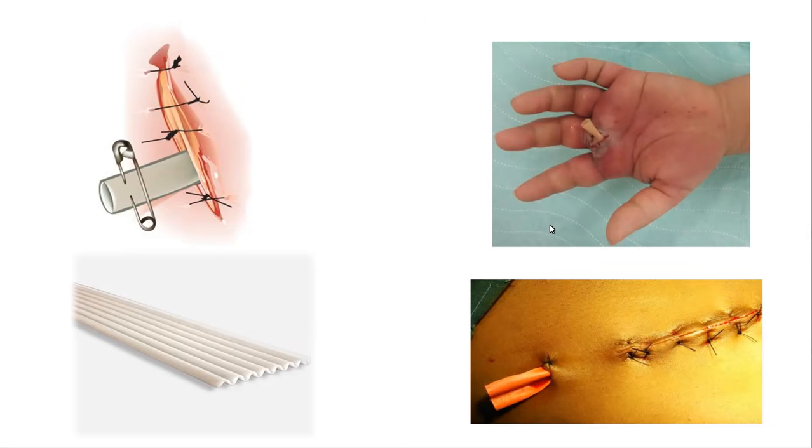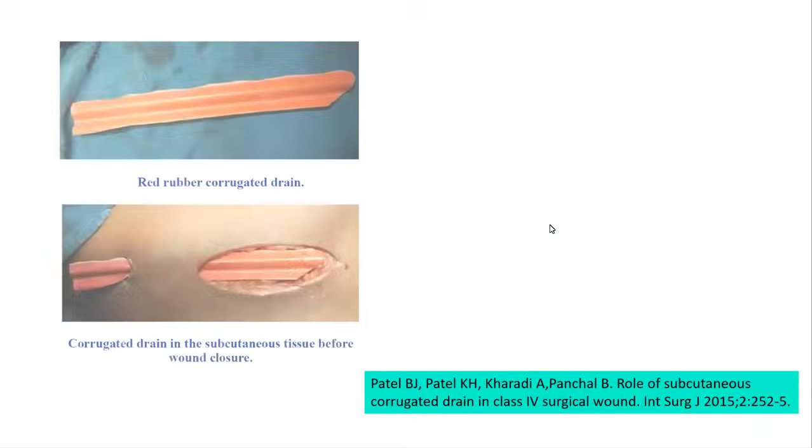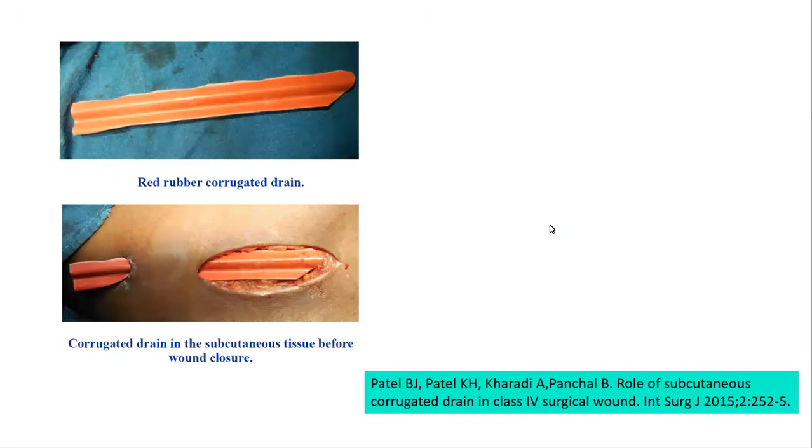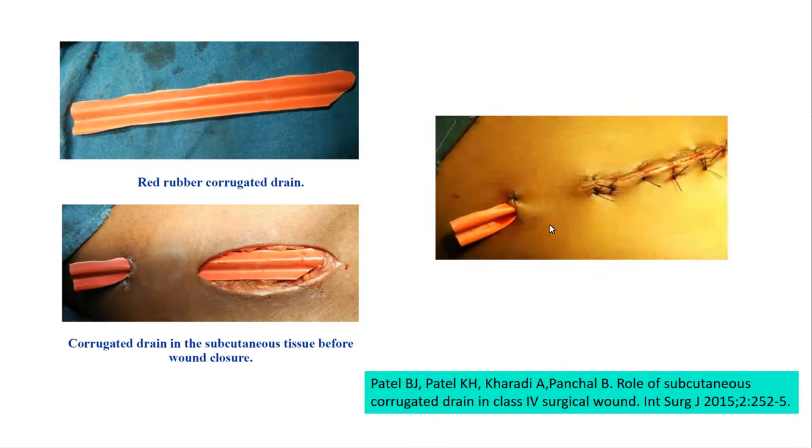So they are passive and they are open. There is a paper published in India in 2015 about the corrugated drain, which is inexpensive, easy to use, and readily available. It should be used in all cases of class 4, dirty contaminated surgical wounds after closure of the sheath.